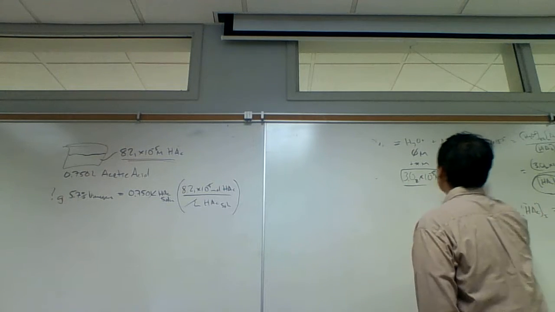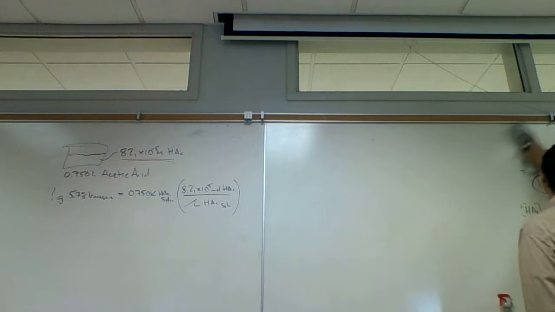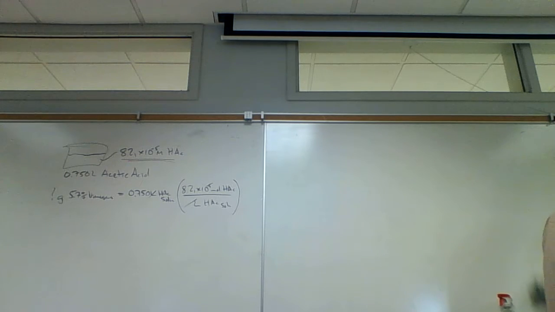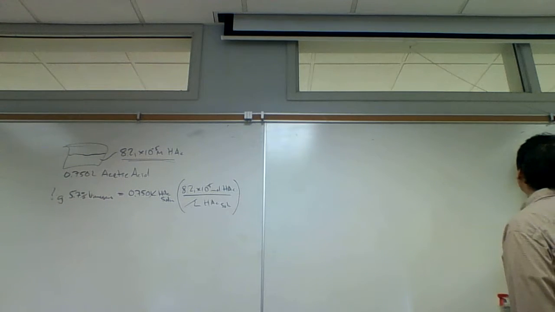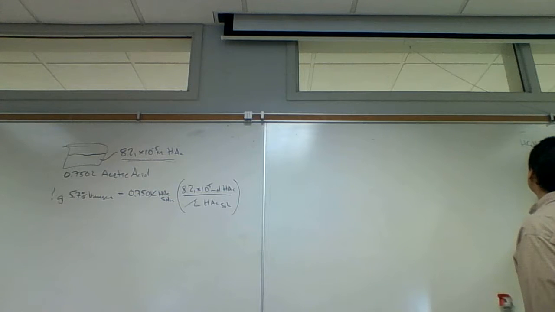All right, so that means I have to calculate the molar mass of acetic acid. And so we'll use this formula here. I have 4 hydrogens, that's 4 times 1.01. 2 carbons, that's 2 times 12.01. I have 2 oxygens, it's 2 times 16.00.